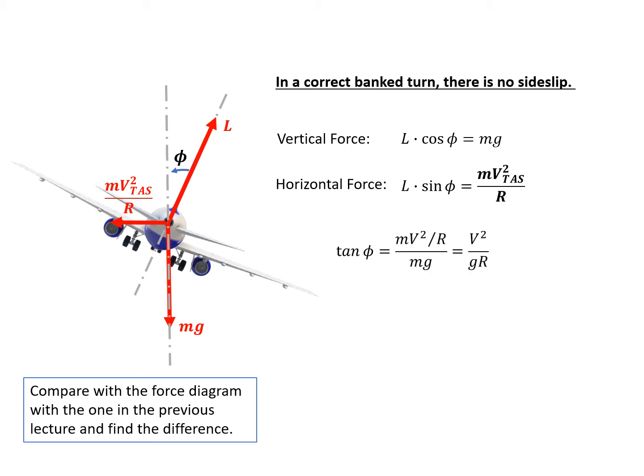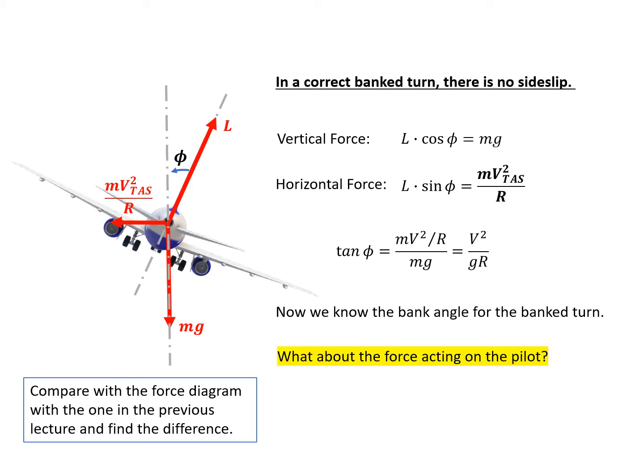Now we can have the bank angle: tan phi equals v squared divided by g r. So we can easily determine the bank angle if we know the speed and the radius. Now we know the bank angle for the bank turn.